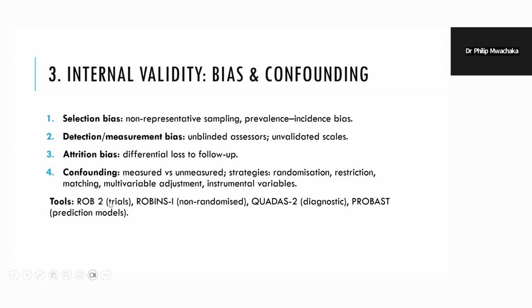But there are some tools you can use when doing critical appraisal of a paper, based on the type of study design. Like ROB2, you're looking at bias in randomized controlled trials. And then ROBINS is usually for non-randomized studies.